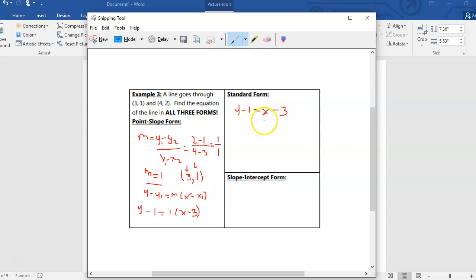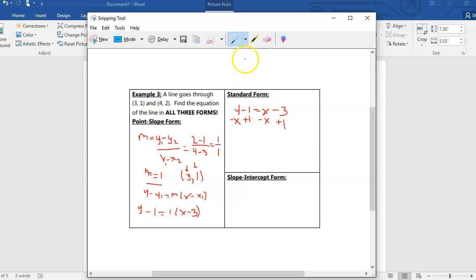Okay. And then I am just going to get my x and move it to the other side and move this negative 1 to the other side. So that means that I'm going to be subtracting x over. Okay, moving that to the other side. And then I'm going to add 1 to the other side. Okay, so I'm doing this in 2 steps.